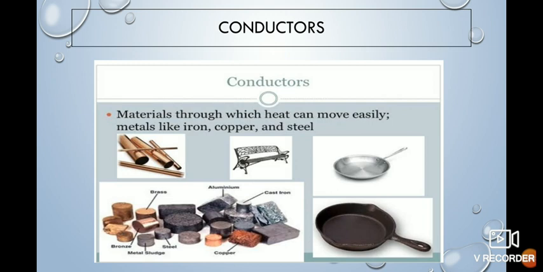And this is the reason why, if we want to heat anything or if we want to cook anything, we use these metals to make vessels out of it, be it a frying pan, be it a cooker, be it a milk cooker, anything that we want to cook or heat, we use a metal conductor.